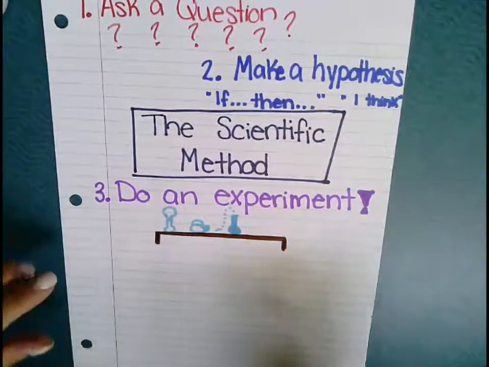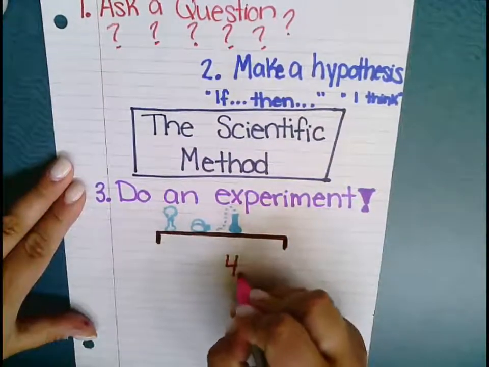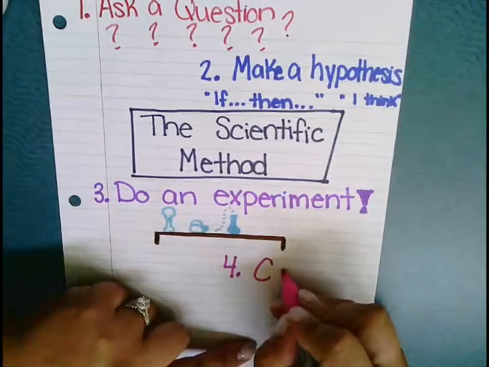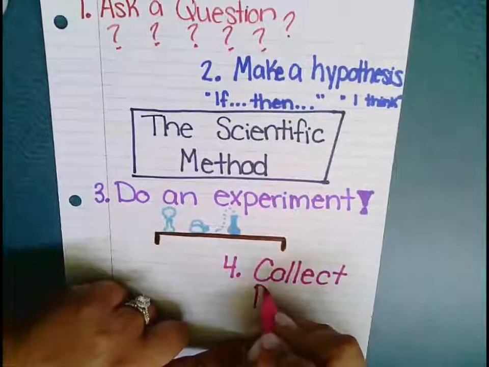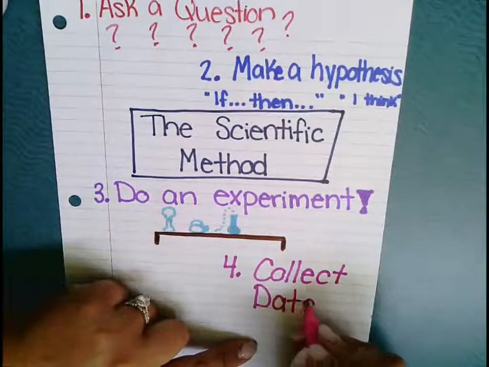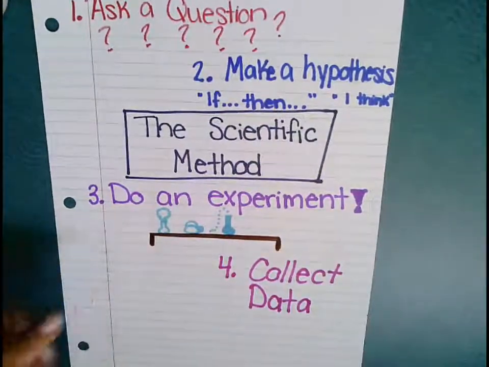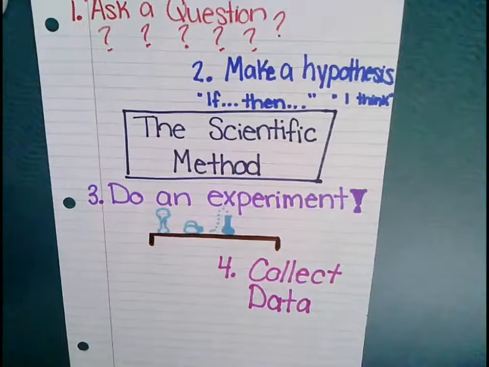So that is the third step, is actually doing the experiment. The fourth step in the scientific method is to collect data. And when I say collect data, I mean that's where I'm going to record what's going on in my experiment.